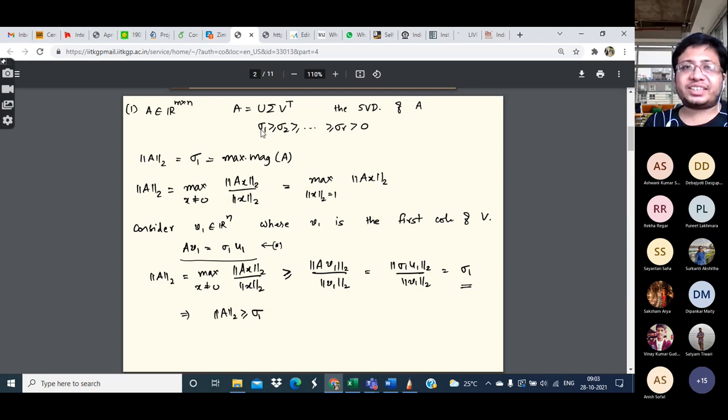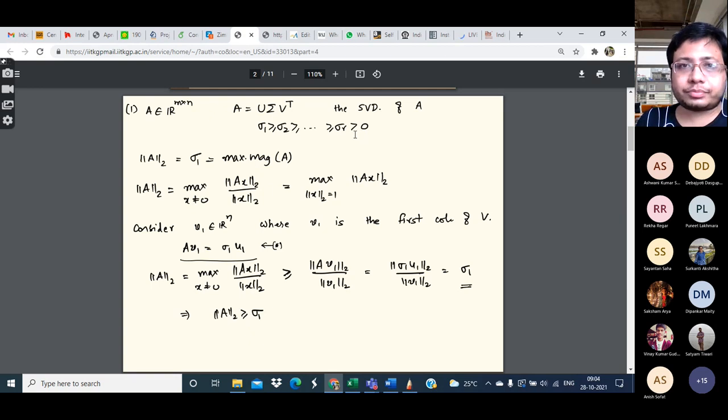And we also know that sigma 1 is greater than or equal to sigma 2, which is greater than or equal to sigma 3, etc. The number of non-zero singular values is equal to r, where r is the rank of the matrix. There can be further singular values, but they will be zero. By the way singular values were defined, there can be n of them, where n is the number of columns of the matrix.